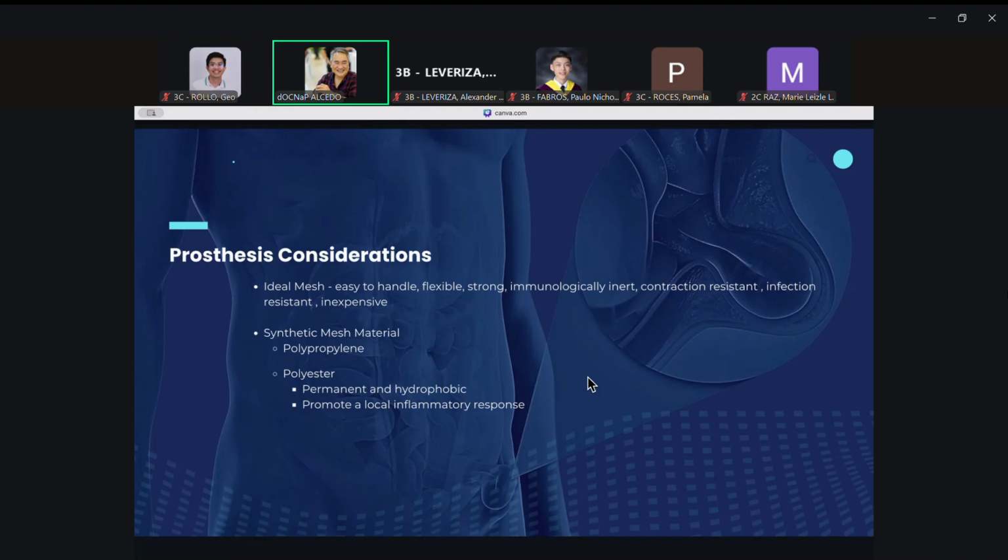But mostly we use polypropylene, but there are also other meshes that incorporate absorbable materials rather than purely non-absorbable, because polypropylene is non-absorbable. And it, of course, makes it a little more flexible. Okay.